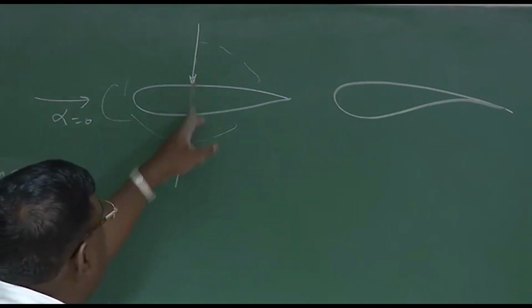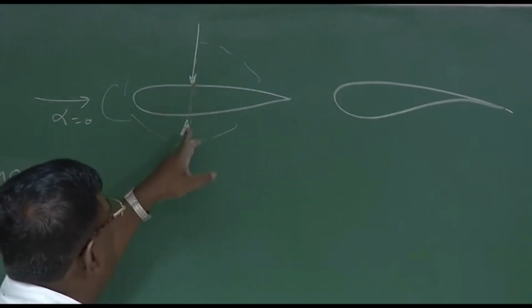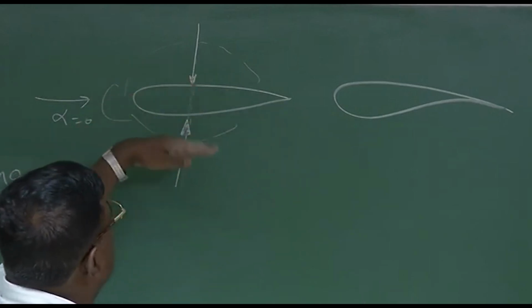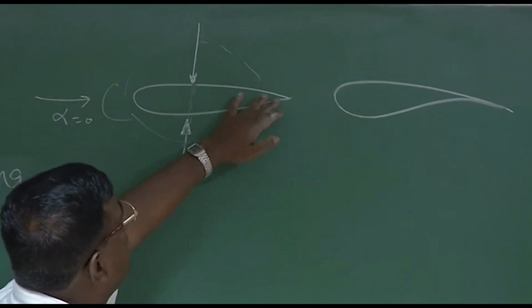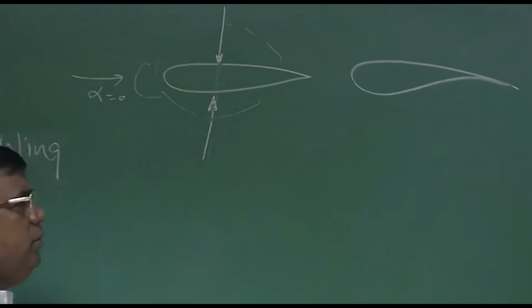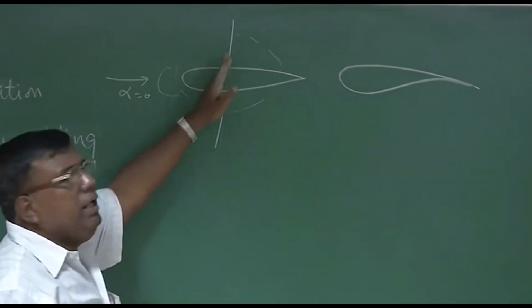The resultant of the lower surface and the resultant of the pressure integrated over the upper surface will be of equal magnitude and their point of application will be at the same place.